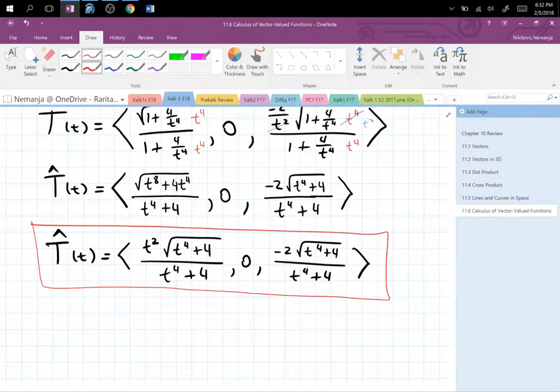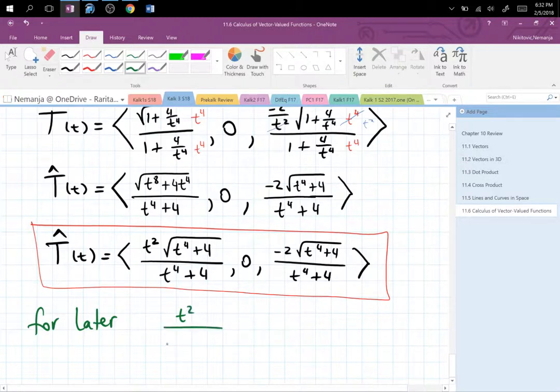That's going to be much easier, right? So for later, algebra will give you t squared divided by the square root of t to the 4 plus 4, 0, negative 2 divided by the square root of t to the 4 plus 4. So this is for later to keep taking derivatives.